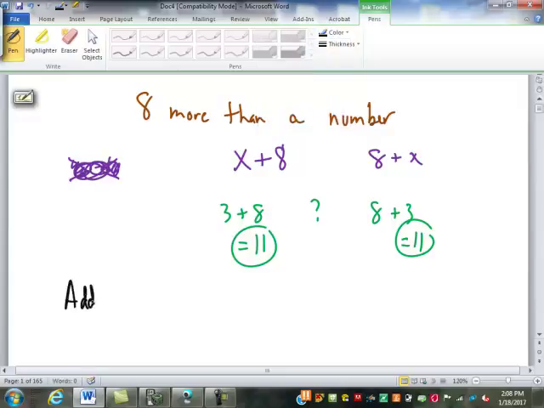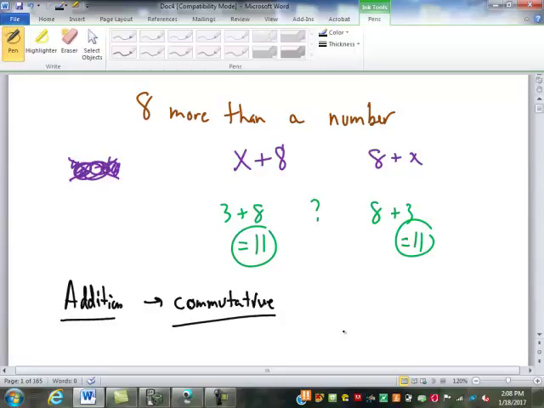Addition, and you don't need to remember this term, is something we call commutative. What that means is we can change the order of the numbers. As long as the only operation we're doing is addition, we can change the order of the numbers and it's still the same. So X plus 8 and 8 plus X mean the same thing.